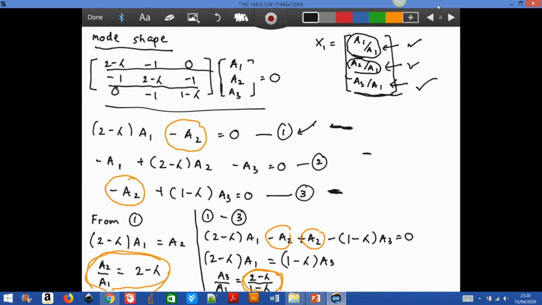Please review back what I've taught you. I think if you already understand well for second degree of freedom, you won't face any problem. The tricky part is only to get the ratio of a2 over a1 and a3 over a1 from the matrix here.